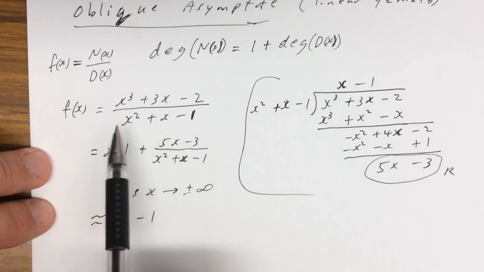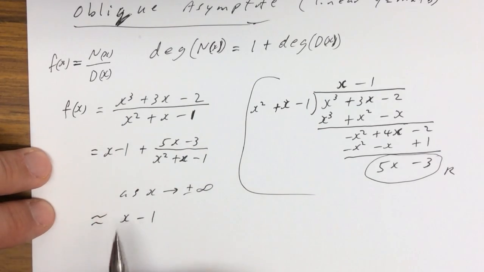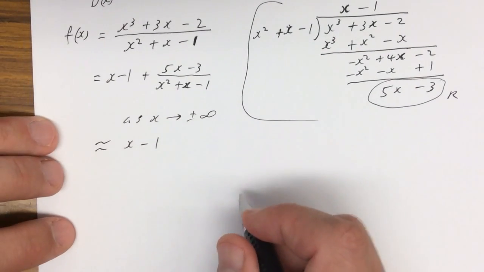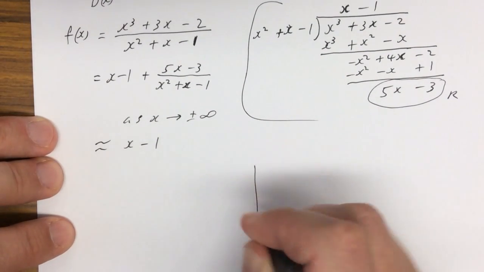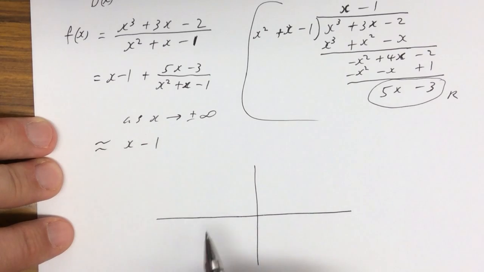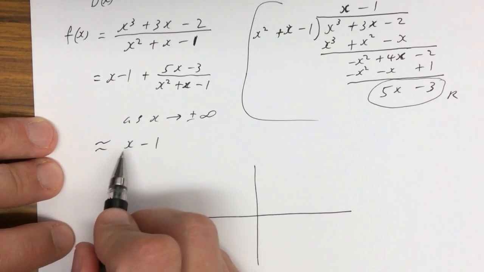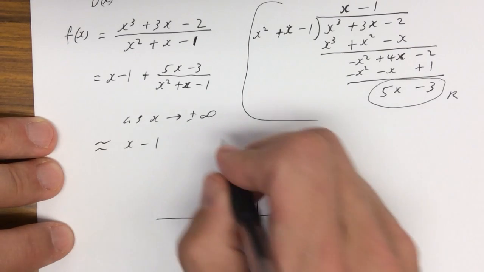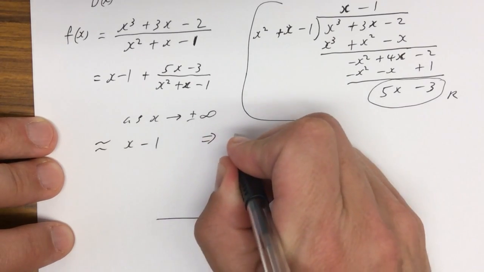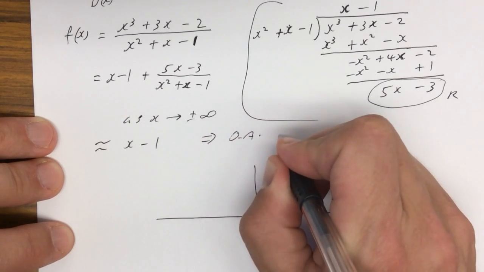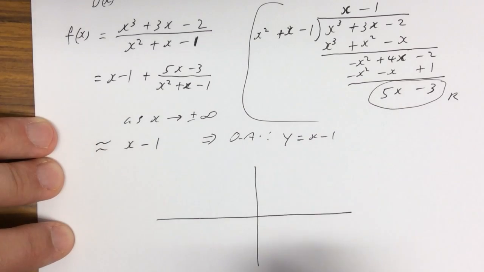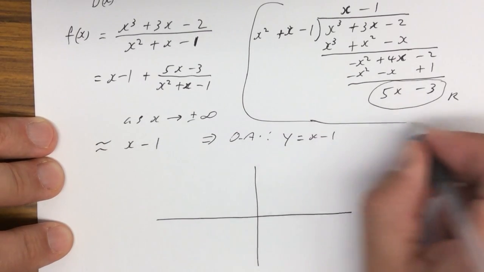So if I go to graph this function and I want to see what's happening at the end, when x gets really large, positive or negative infinity, you get a graph like this. We don't know what's happening in the middle at the moment, but at the ends we can graph this oblique asymptote. That implies the oblique asymptote is y equals x minus 1, and we're going to plot that here.